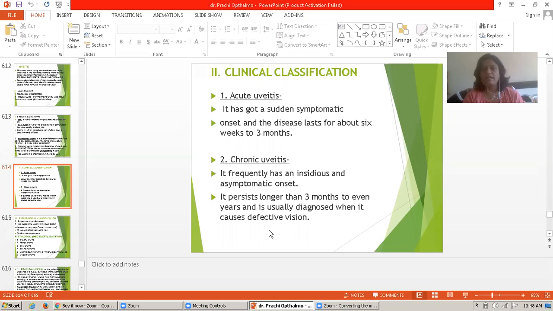There is no symptom seen in chronic uveitis, and it persists longer than 3 months, even a year, and is usually diagnosed when it causes defective vision.